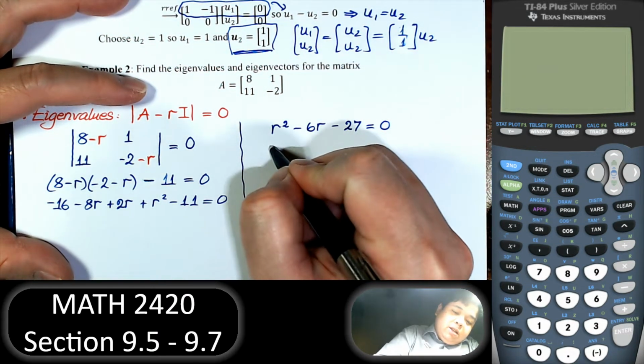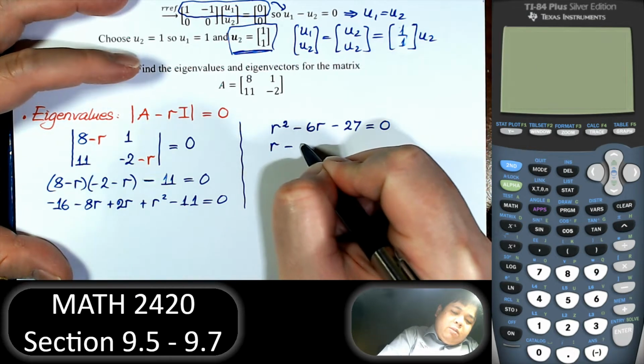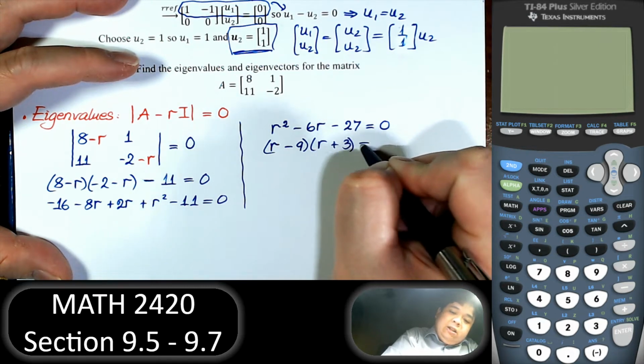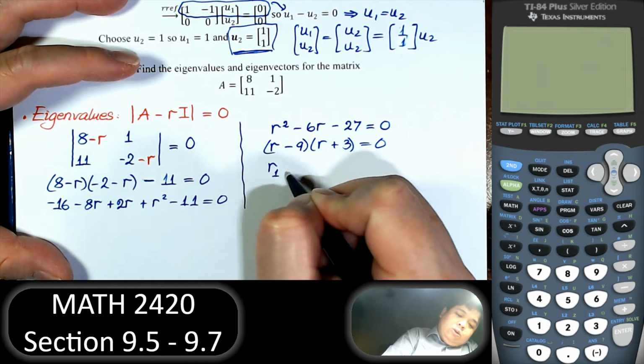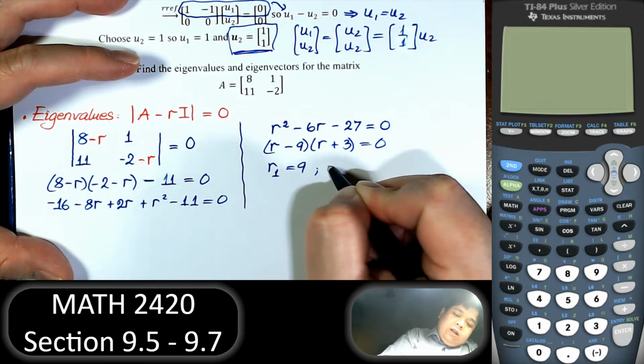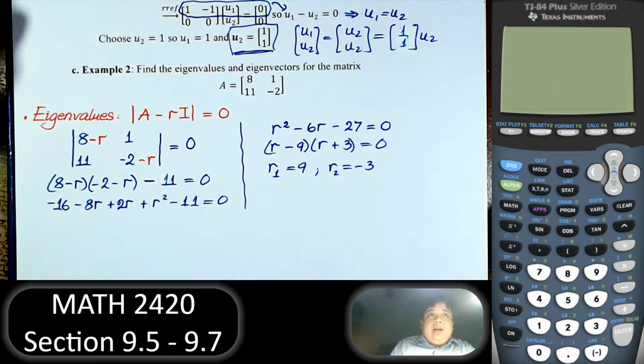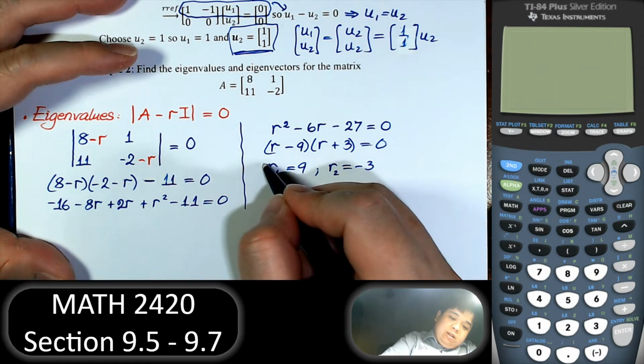And then we factor that into r minus 9 and r plus 3. So r1 equal to 9 and r2 equal to negative 3. Those are the two eigenvalues.